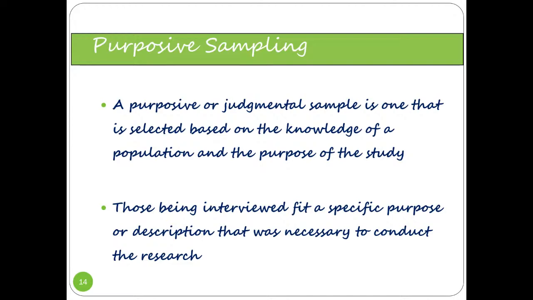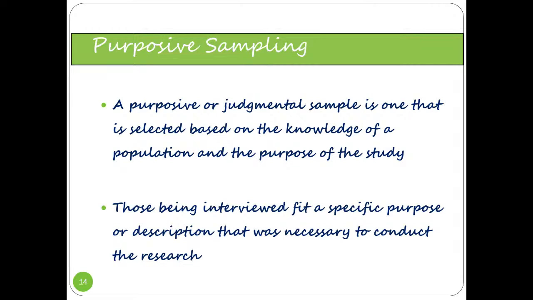Whoever comes to my OPD for the next 1 year, I'm not going to leave one single patient, and I'm going to collect data from everyone entering the OPD with the inclusion criteria set by me. It will not stop at 10, 15, or 20 people. Given 1 or 2 years of time, whoever comes to the study setting will be enrolled into the study, and then the study will proceed.